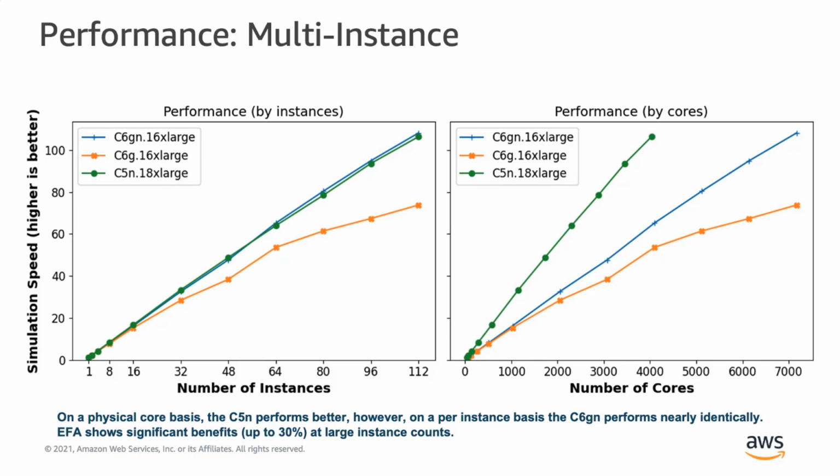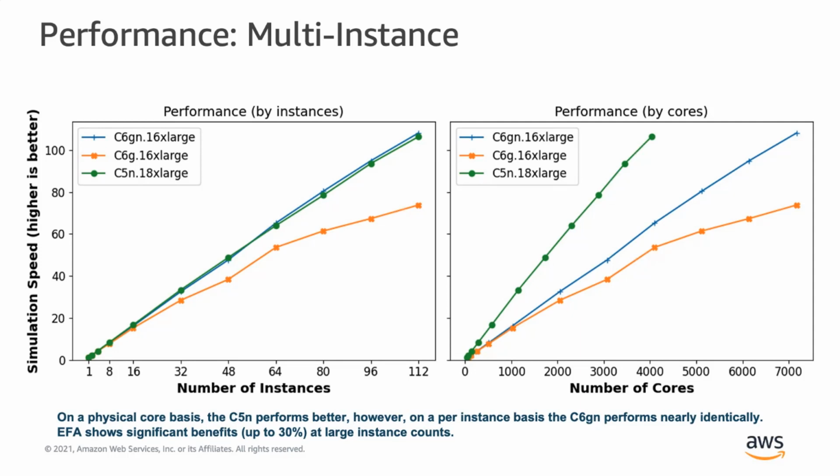You see that the green and the blue, which are the C6GN and the C5N, basically overlap each other completely on the left-hand side, which means on an instance-to-instance basis, they perform almost identically, which is really great. Although some of you may say, well, look at the right-hand side. The C5N is using a lot fewer cores to get that sim speed a lot easier.